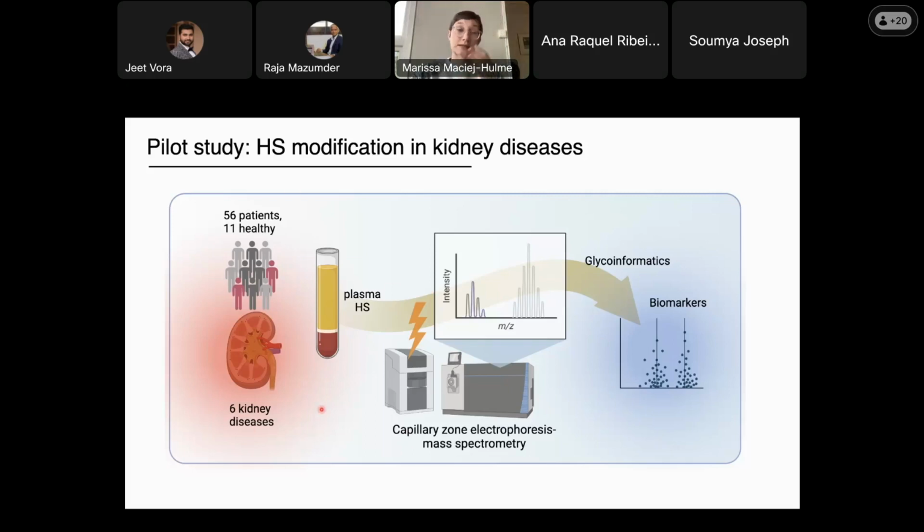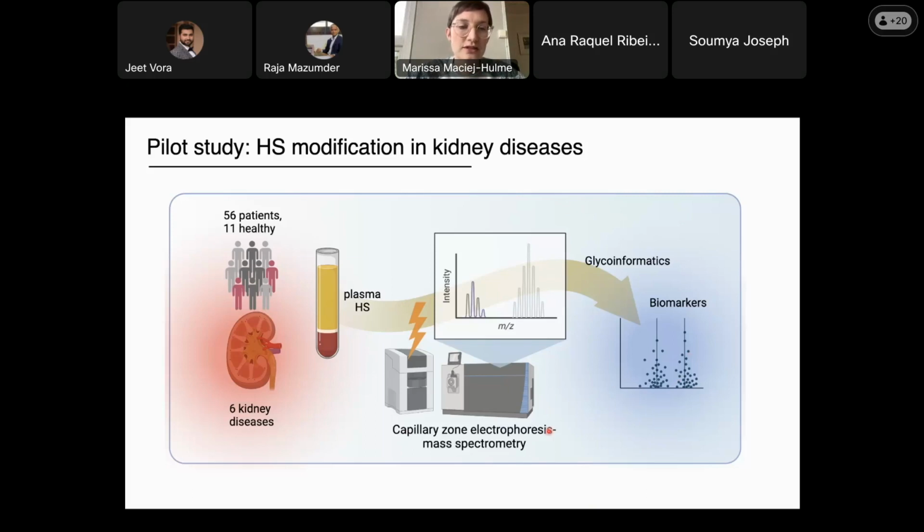We collected the plasma. We purified the heparan sulfate, which I'll go through in the next slide, using classic anion exchange chromatography methods, and then ran it through this capillary zone electrophoresis mass spectrometry method, and then found a bit of a bottleneck when we got to the glycoinformatics.